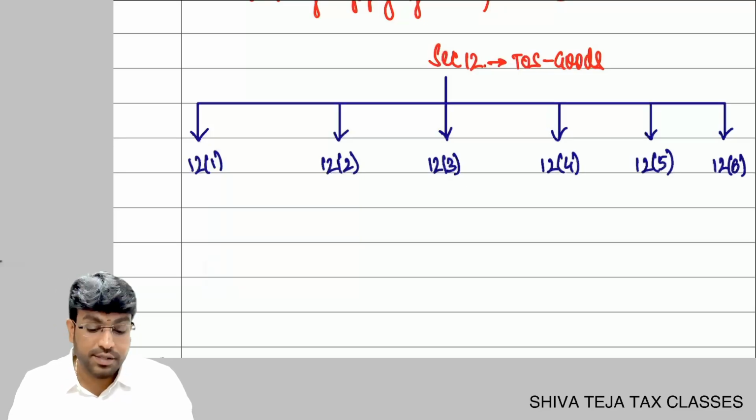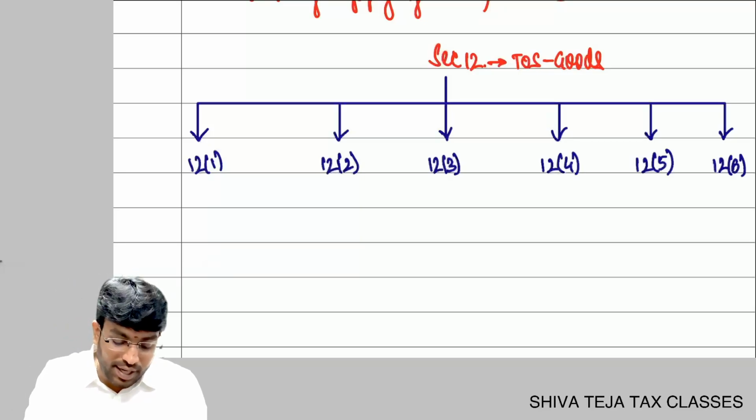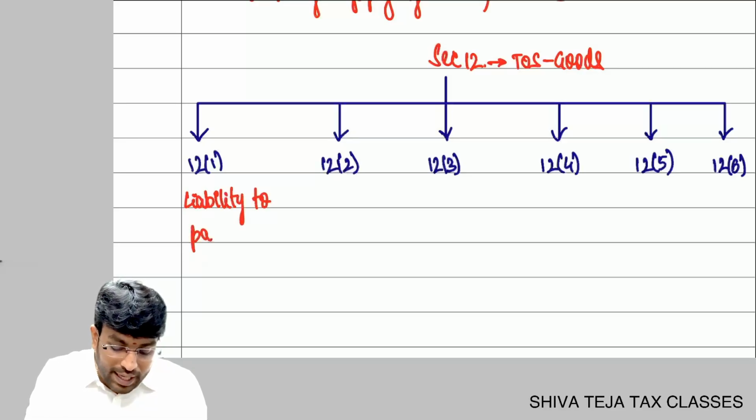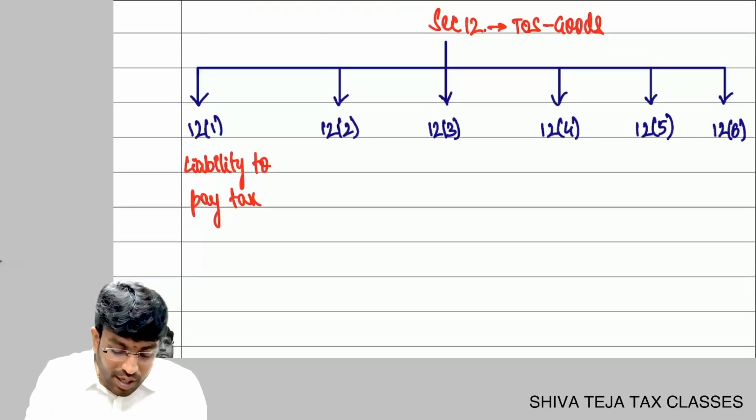Getting the point, my dear friends? And 12.1 says, simple line answer, liability to pay tax. What is that line, my dear friends?